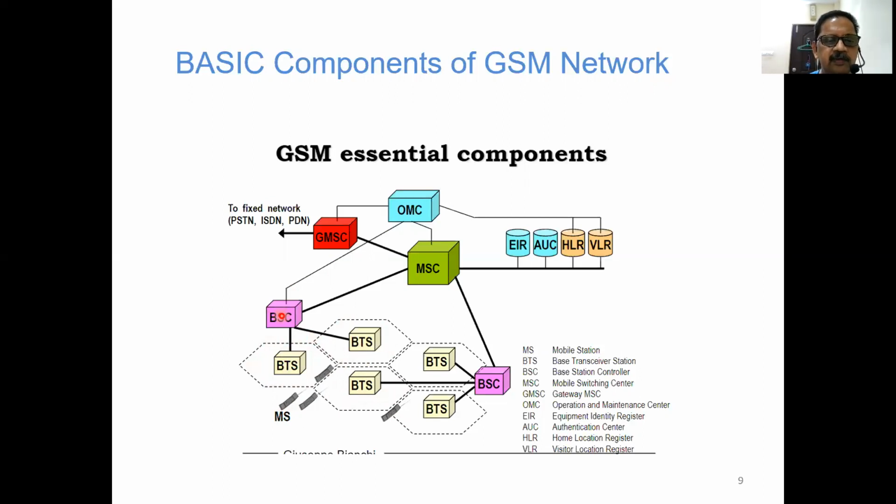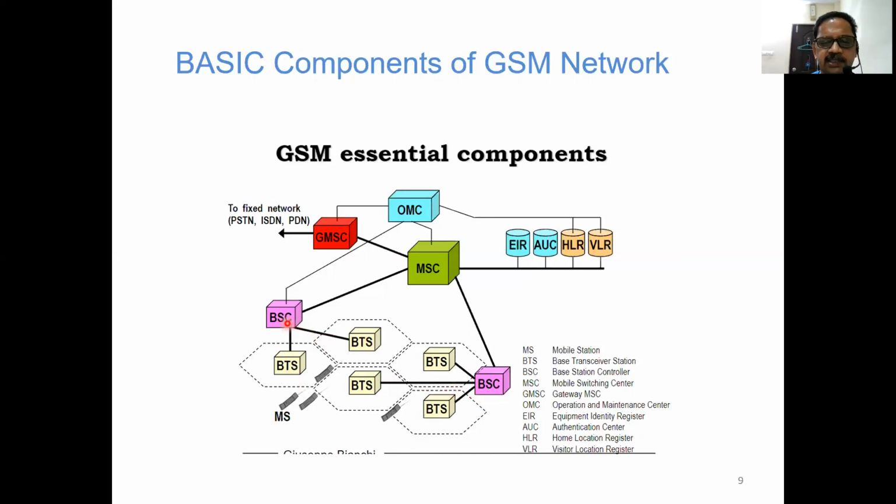In the field of telecommunication, a number of BTSs are connected to a BSC, in the order of 100, to a base station controller. Similarly, there is another base station controller. Here diagrammatically they have shown three.